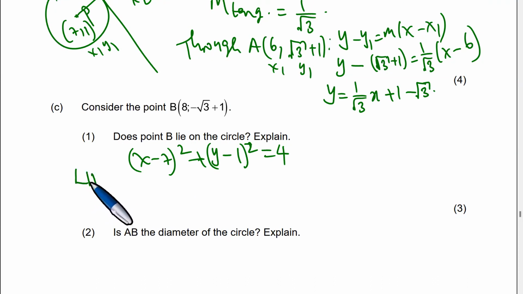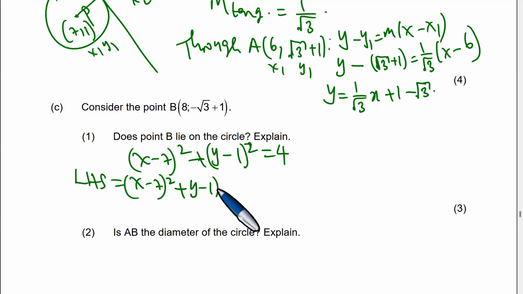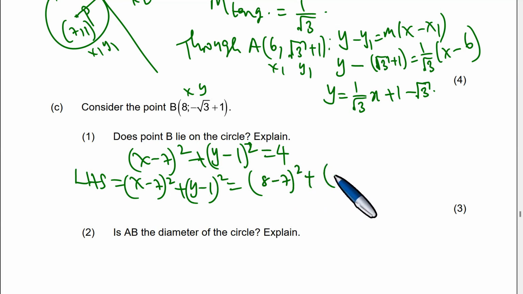So you need to take the left-hand side of the equation of the circle, and the left-hand side of the equation of the circle is x minus 7 squared plus y minus 1 squared. What is x? This is x and that is y, which means x is 8 minus 7 squared. Y is minus the square root of 3 plus 1 minus 1 squared.